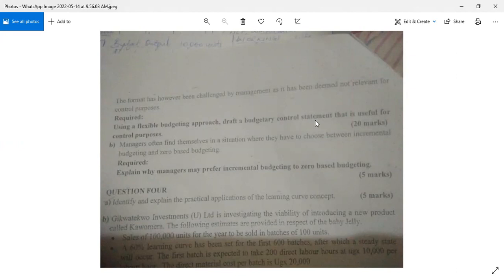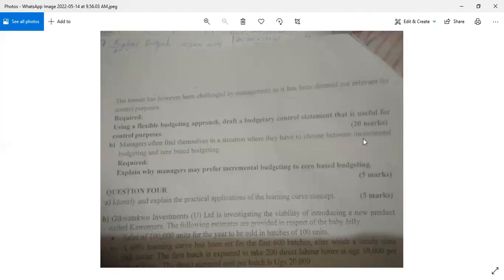What we did there will get you 20 marks: flex, get the variances, and comment accordingly. Then part B says that managers often have to choose between incremental budgeting and zero-based budgeting, so comment on this.